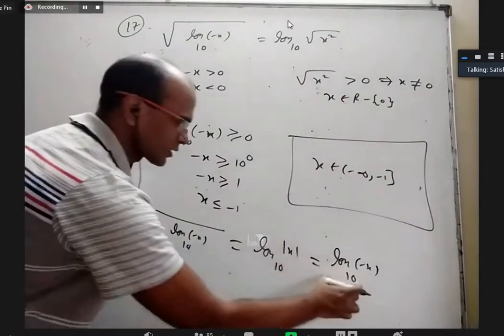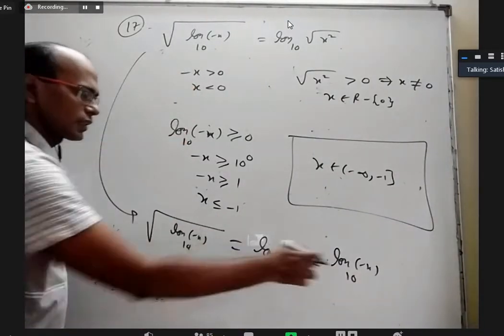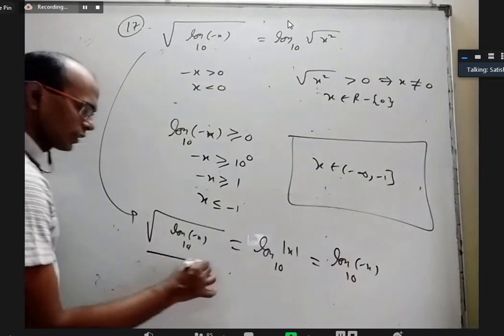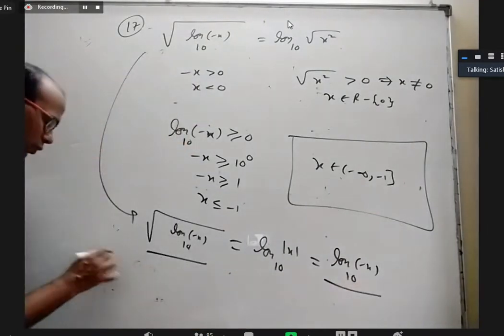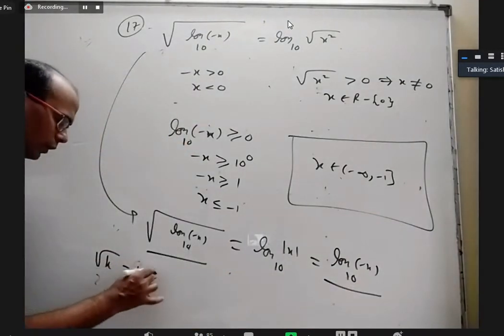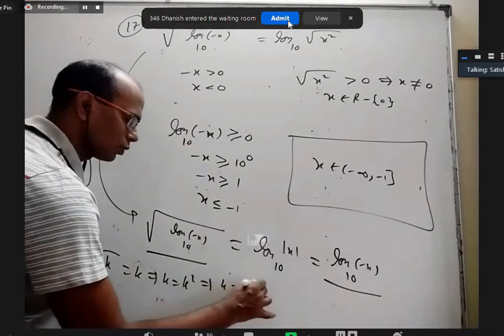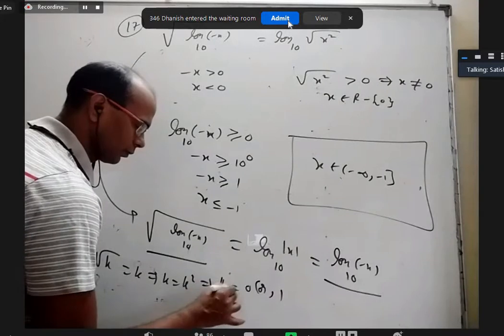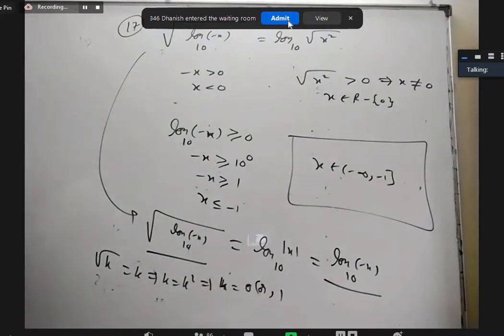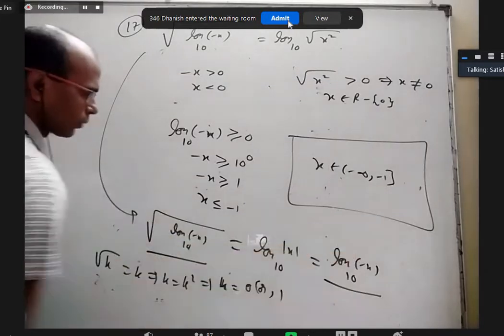These expressions are the same, only the square root is there. If I call this k, this is also k. So if I take this and this, it is like root k equal to k, which gives k equal to k square, which gives k equal to 0 or 1. K means log minus x base 10.